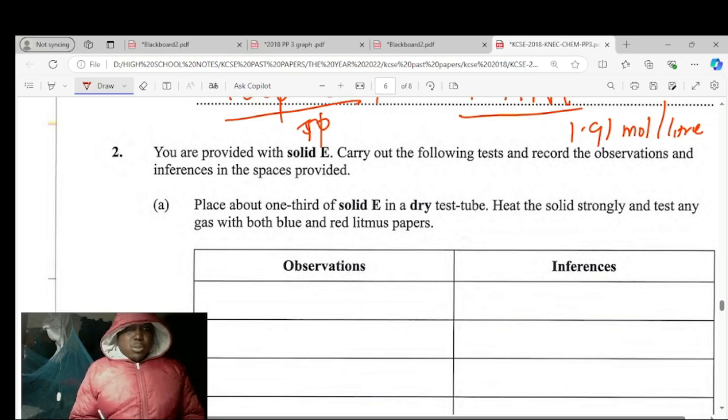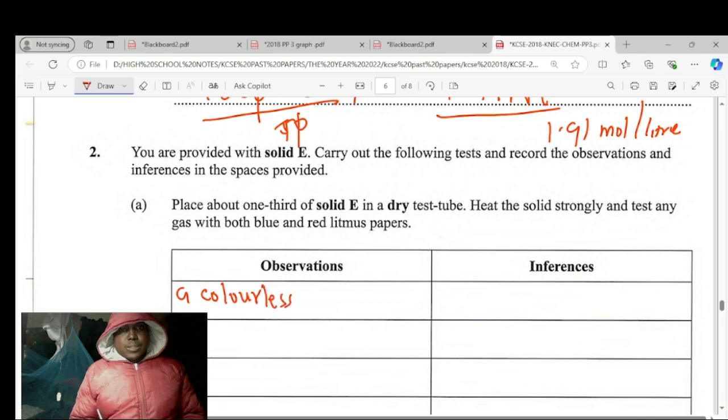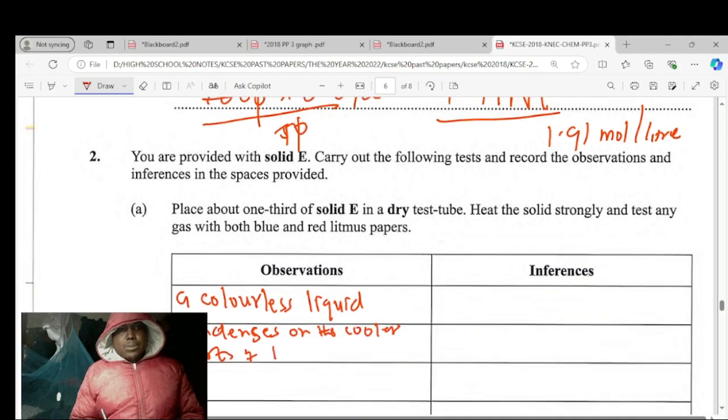So that is the first observation: a colorless liquid condenses on the cooler parts of the test tube.